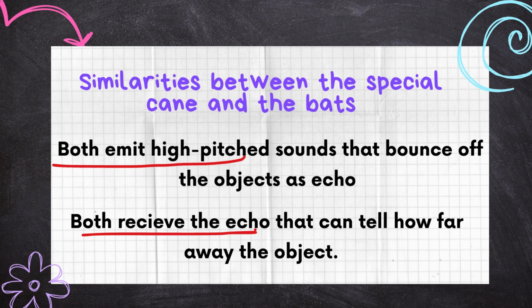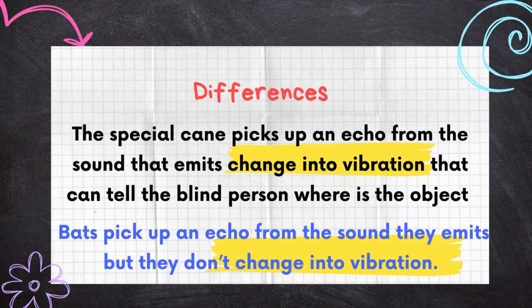So we have some similarities between the special cane and the bats, as both of them emit high-pitched sounds that bounce off the objects as a form of echo, and both receive the echo that can tell how far away the object is.